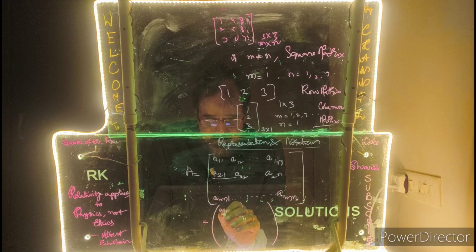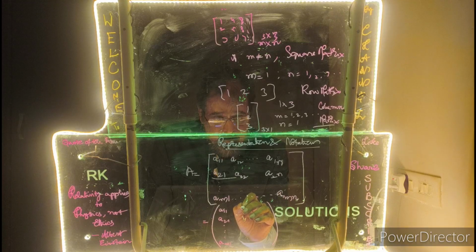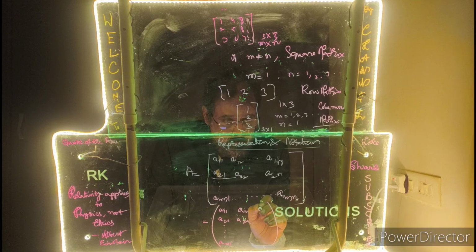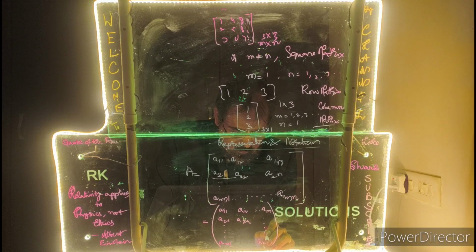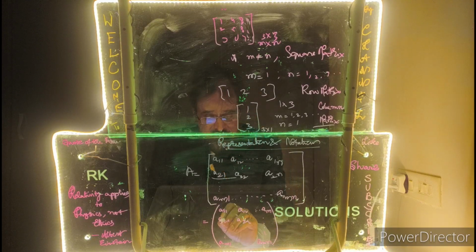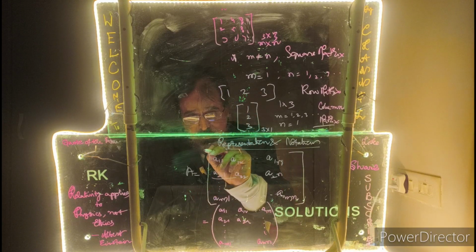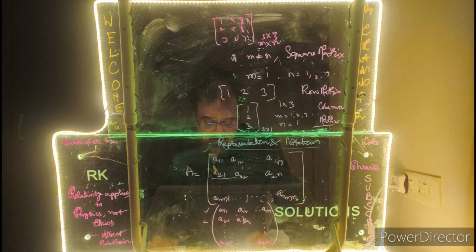Even this holds good: A21, A11, A12, A22, and here A1n, go on to Am. Both are valid to represent a matrix.